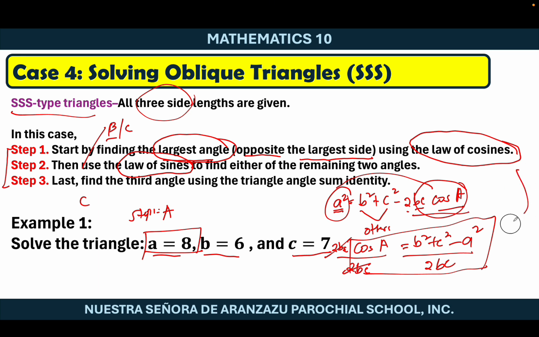Just use this formula. Pero syempre, ayaw natin makalimutan yung knowledge natin about law of sine, kaya i-apply pa rin natin siya dito. So, the last step is to find the third angle using the triangle angle sum identity, or the sum of the 3 interior angles is equal to 180 degrees.